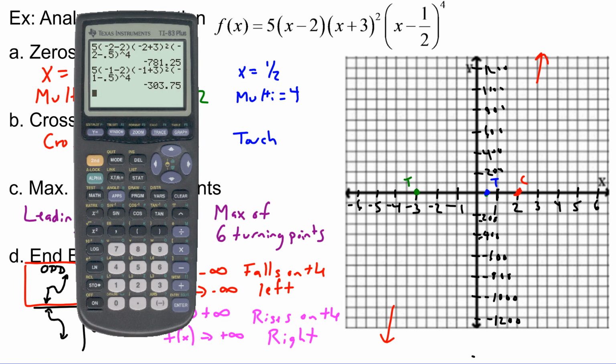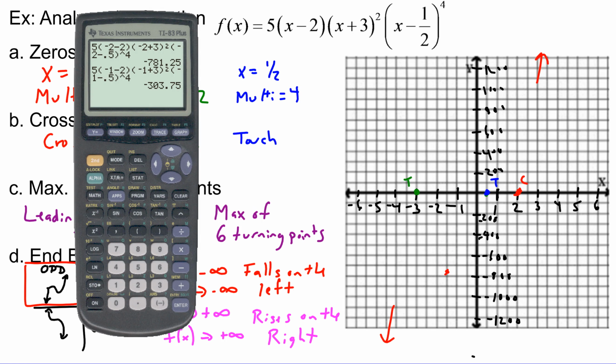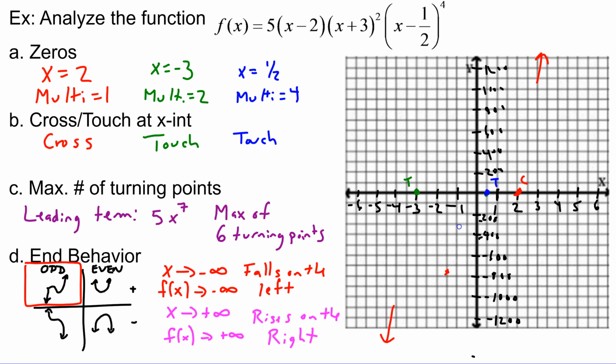And let me pull up my calculator. So at -2, we were just below -800. So I'll put a dot there. And at -1, I was a little bit past -300. Okay.